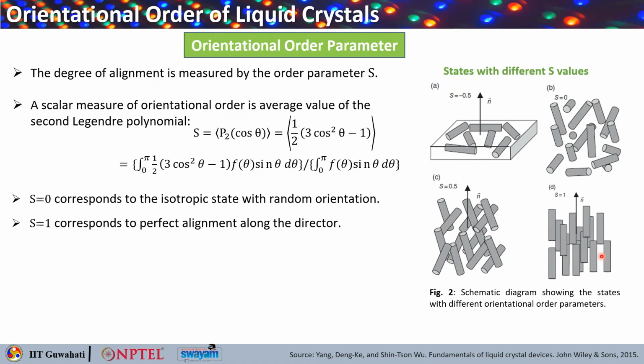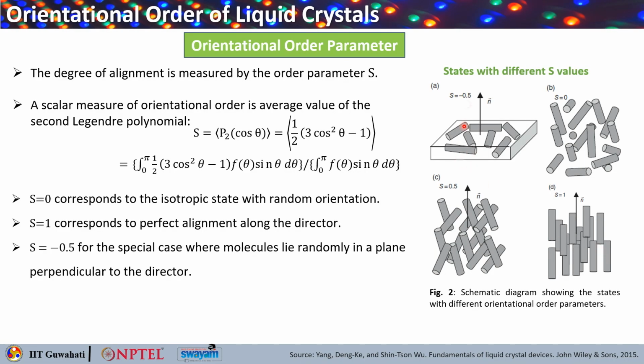Anything in between, like S equals plus 0.5 or minus 0.5; let us look into minus 0.5 first. This is a special case when the molecules lie randomly in a plane perpendicular to the director. The director is in this direction, and the molecules are lying in an orthogonal plane, where they can have any orientation.